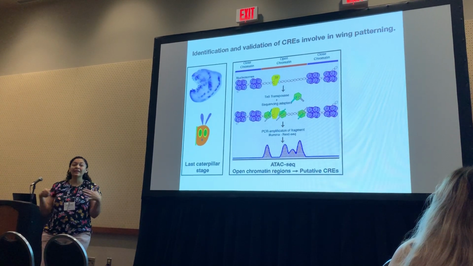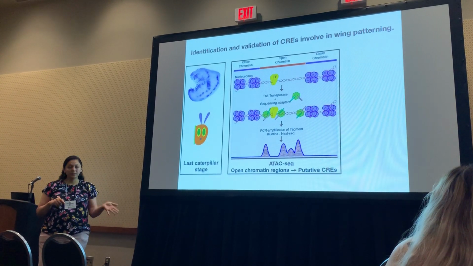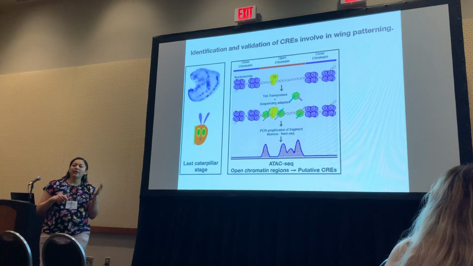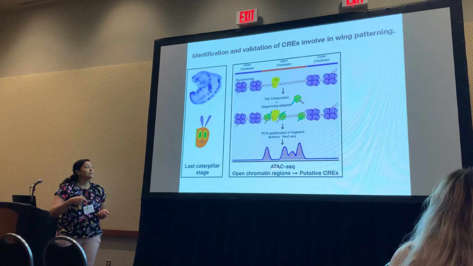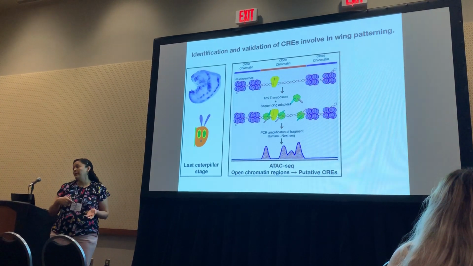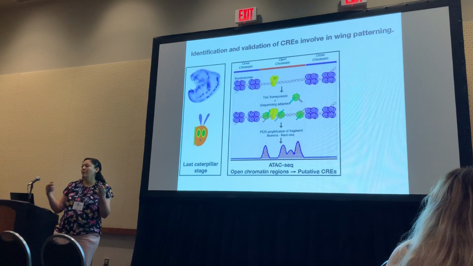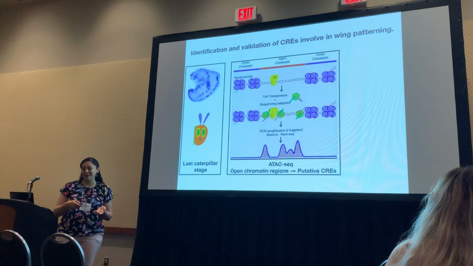So this is naked DNA, what I call open for business to interact with transcription factors to activate or repress gene function. So when we sequence, we align the sequence and then they form these peaks, and those peaks are basically open chromatin regions and are putative regulatory elements.